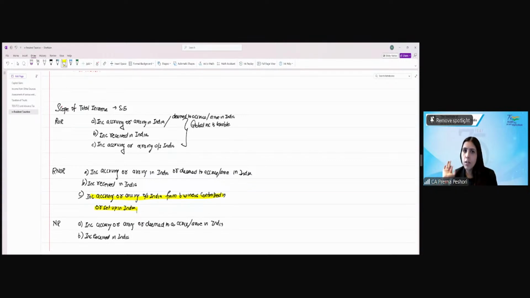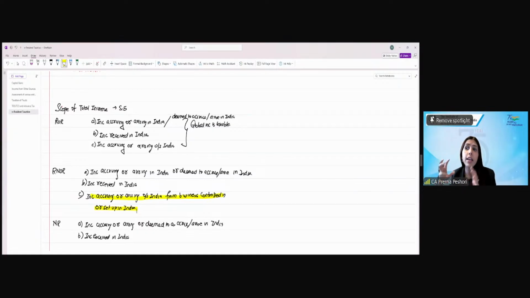Are we getting this particular point? So this whole concept of deemed residency was created because the Indian government realized that there are certain high net worth individuals who are trying to arrange their number of days of stay so as to become the resident of a particular country where there is zero tax.